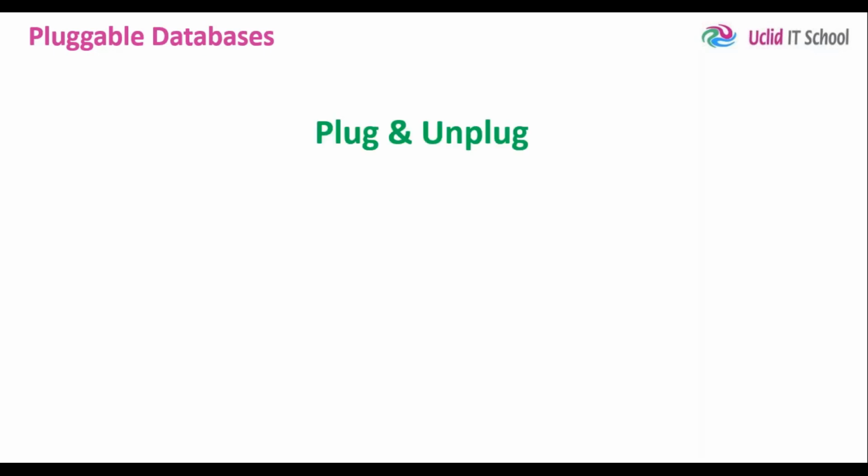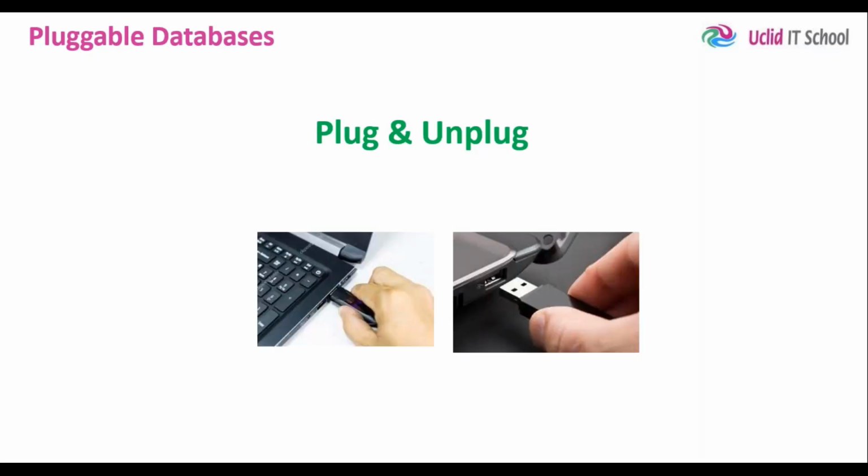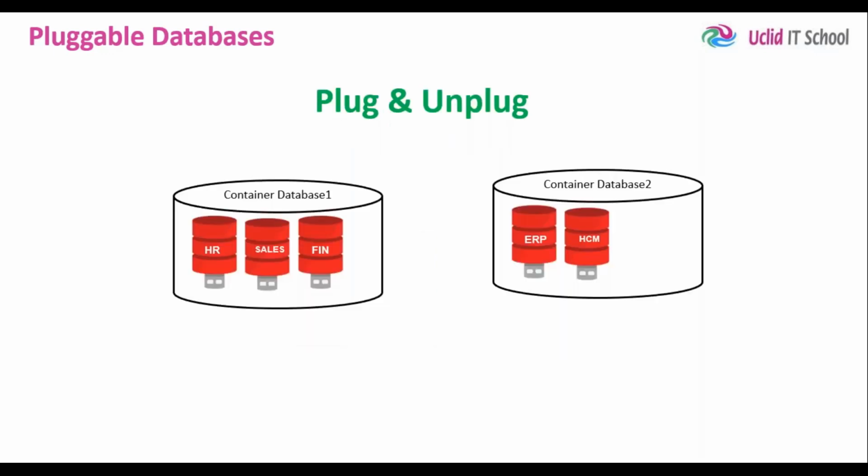A pluggable database can be unplugged and plugged, allowing you portability. You can unplug from one container database and plug into another container database. That way it allows portability. You can quickly move from one container to another container.